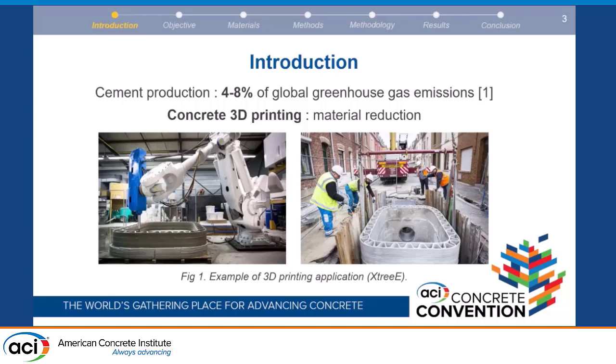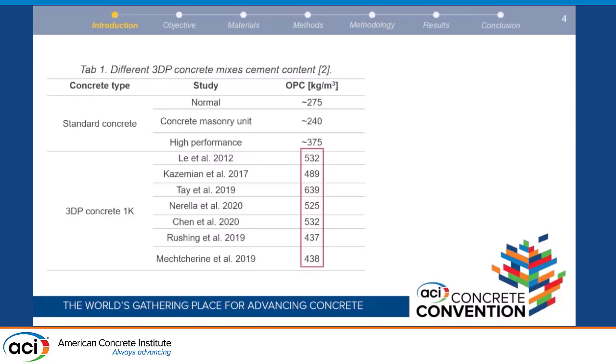But specifically for this study, concrete 3D printing allows a reduction in material use. As we can see on these figures from the French company X3, concrete 3D printing benefits from the absence of formwork and the structural and topological optimization that it can provide.